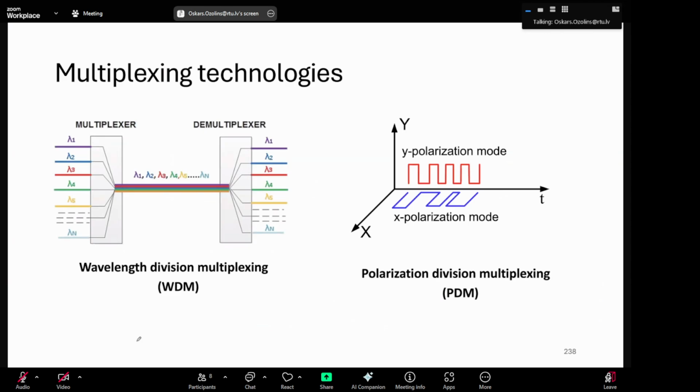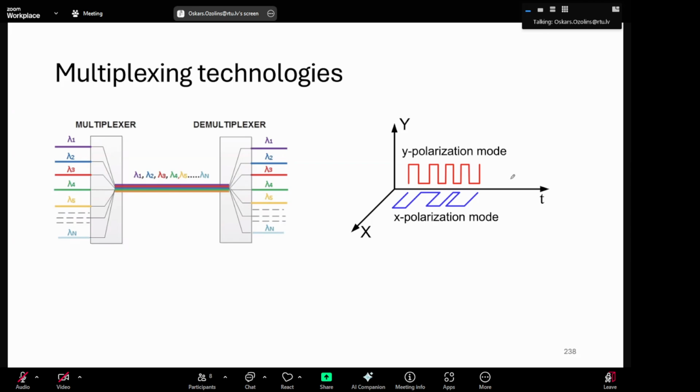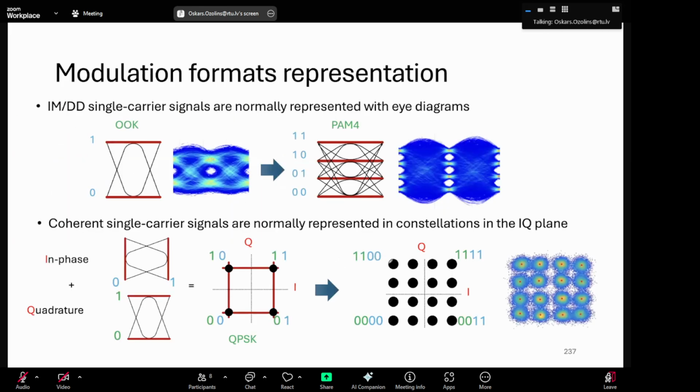But it's not everything. You can add more levels of multiplexing. One thing is that you can also use different states of polarization. So in addition to these 4 bits per symbol, you can double it again, and that gives you 16 QAM with 4 bits per symbol in one polarization, and 16 QAM with 4 bits per symbol on the other polarization.